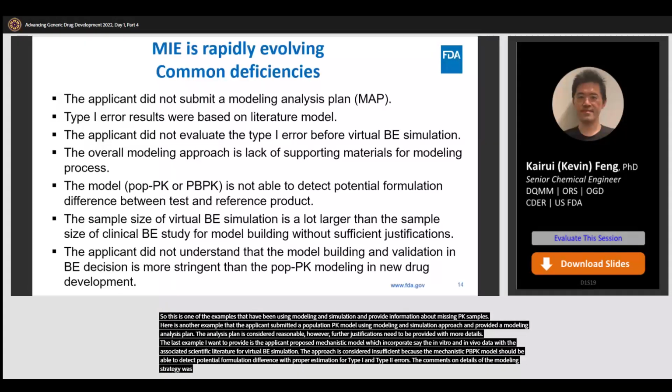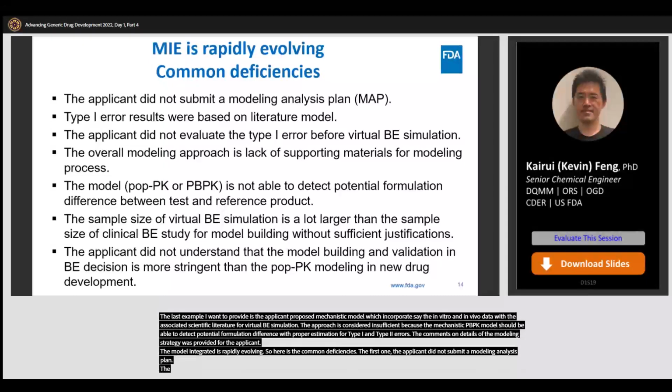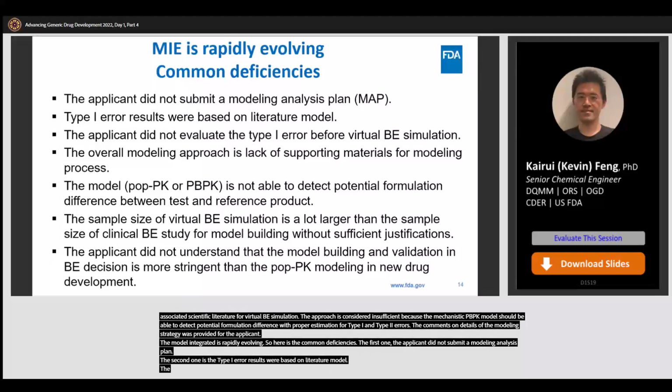The model integrating evidence is rapidly evolving. So here are the common deficiencies. The first one: the applicant did not submit a model analysis plan. The second one: the type I error results were based on a literature model. The applicant did not evaluate the type I error before the virtual BE simulation.